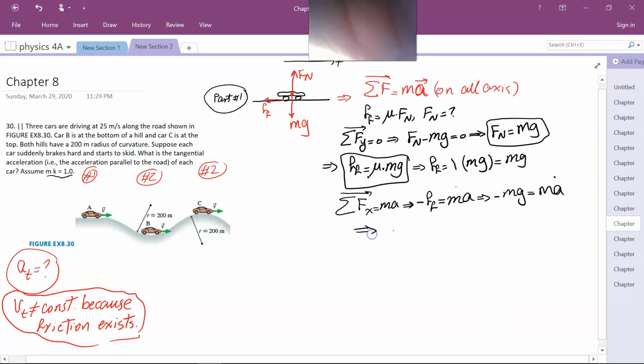Then for section 1, acceleration becomes minus g. So a in part 1 becomes negative 9.8 meters per second squared. Correct? This is in part 1.